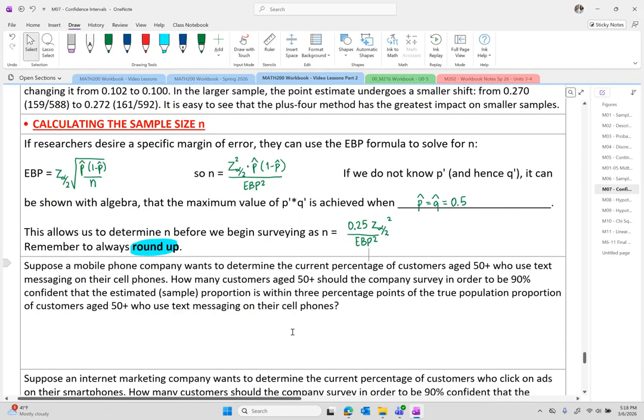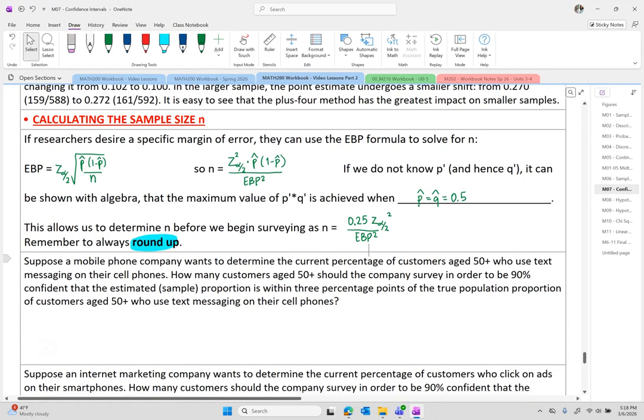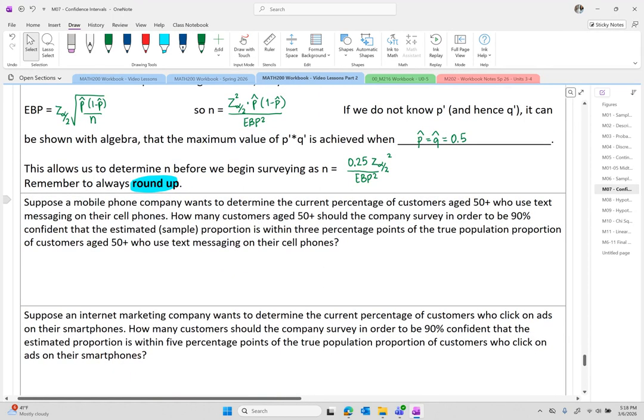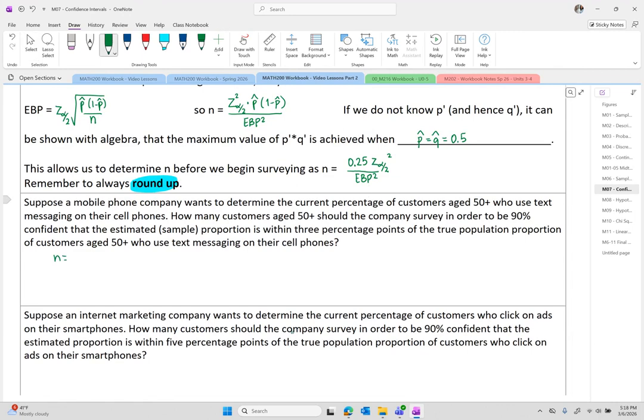So let's try to solve a problem. Suppose a mobile phone company wants to determine the current percentage of customers aged 50 plus who use text messaging on their cell phones. How many customers should the company survey in order to have 90% confidence that the estimated sample proportion is within 3 percentage points of the true population proportion?